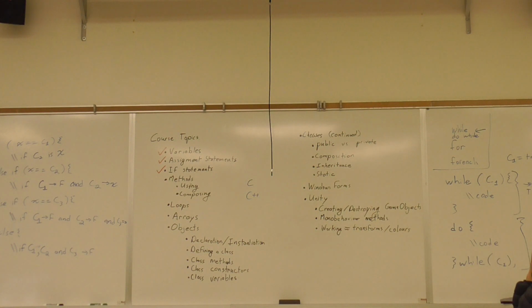If the condition comes out true, we then execute code. Then we run the update. Then we return to the condition. If false, we exit the loop.